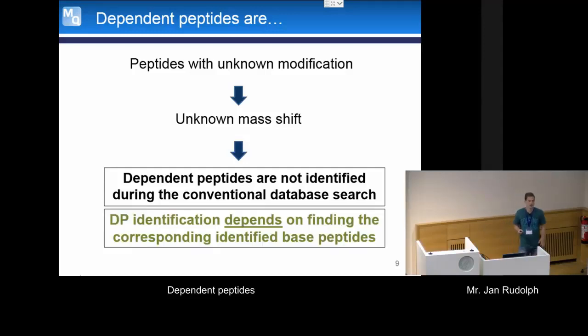So instead of trying to match them into the database, we will try to match our unidentified peptides into our already identified peptides under the assumption that maybe our peptides with unknown modification, our dependent peptides, are just a modified version of a peptide that we were already able to identify. So this is where the name dependent comes from, because we will only identify dependent peptides if we identify the unmodified counterpart. And this concept was introduced by the Zubarev lab already quite some years ago.